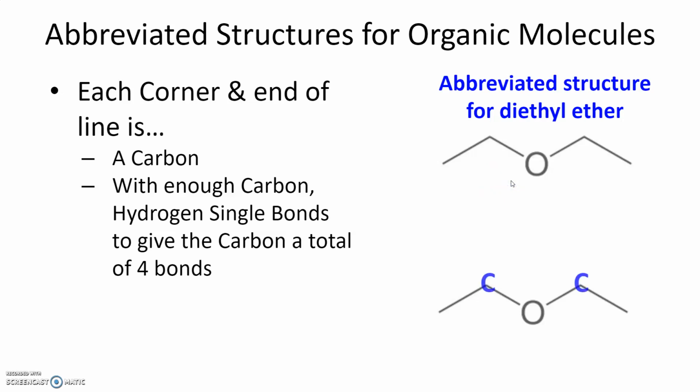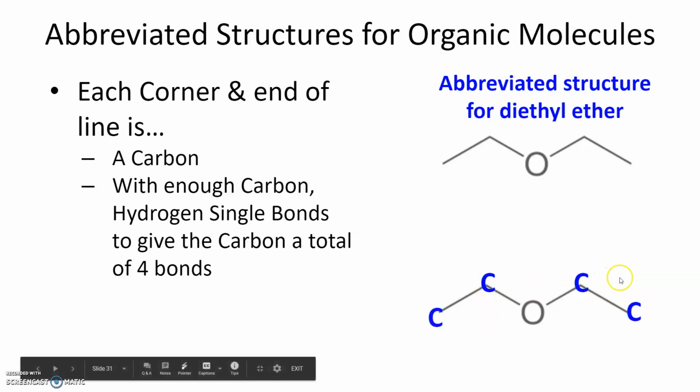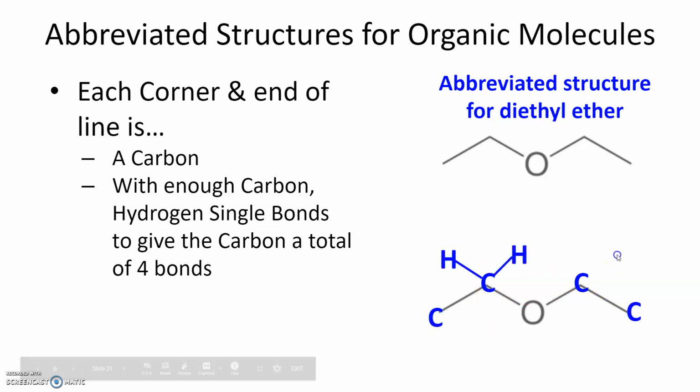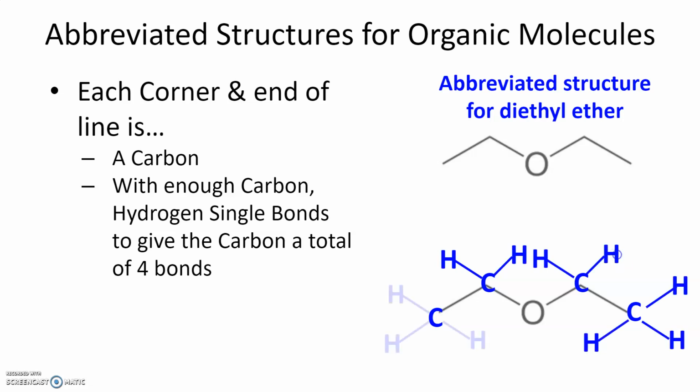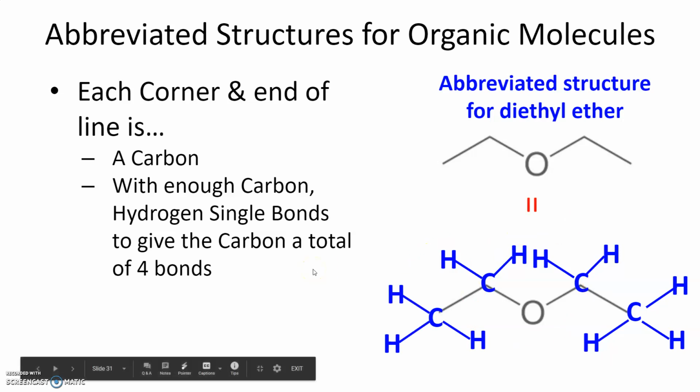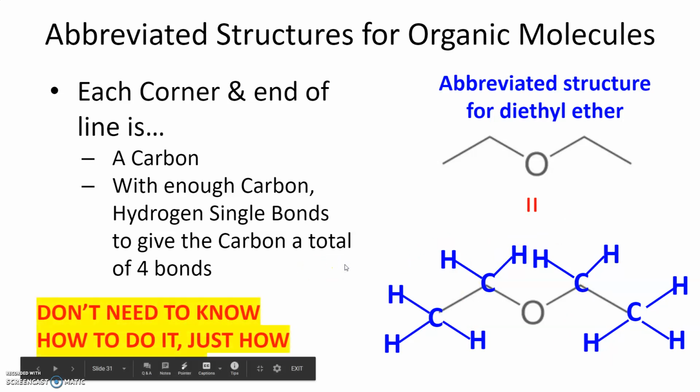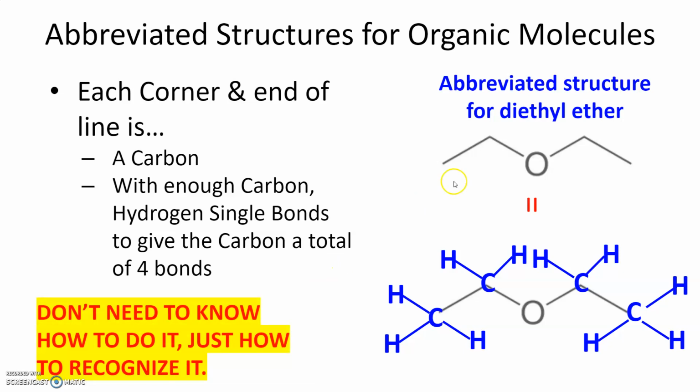So here at this apex or this end of the line here, those are carbons. At the end of that line, there's carbons. And then we would just add enough hydrogens to give them a total of 4 bonds. So this is the structure of diethyl ether that you saw earlier before. Now, you don't have to know how to do it. You just need to know how to recognize it. When you see something like this, just know that there are carbons and hydrogens here.